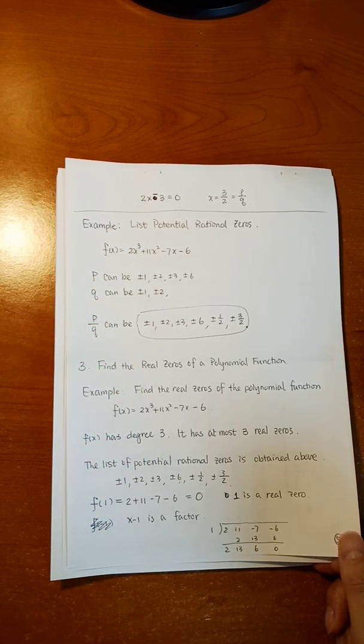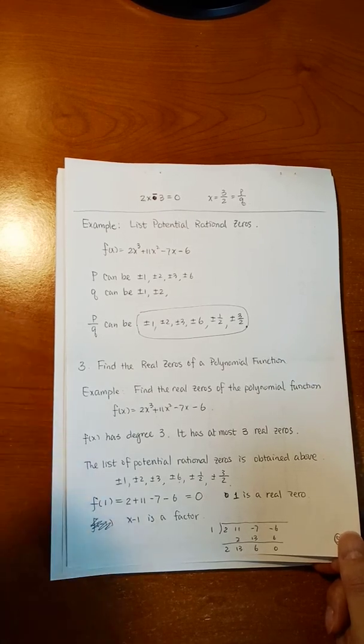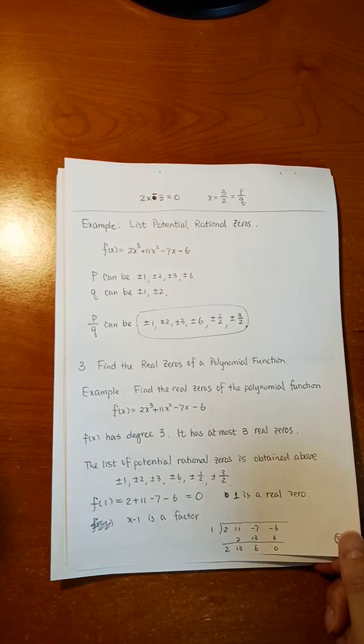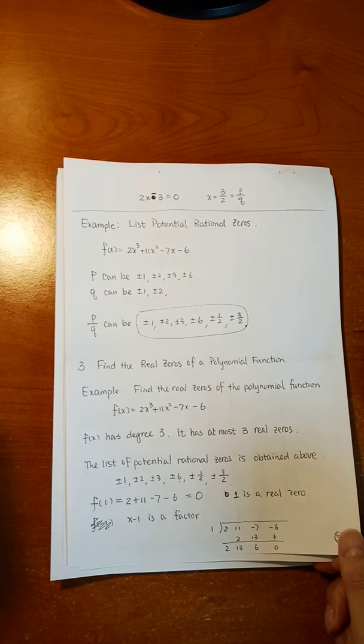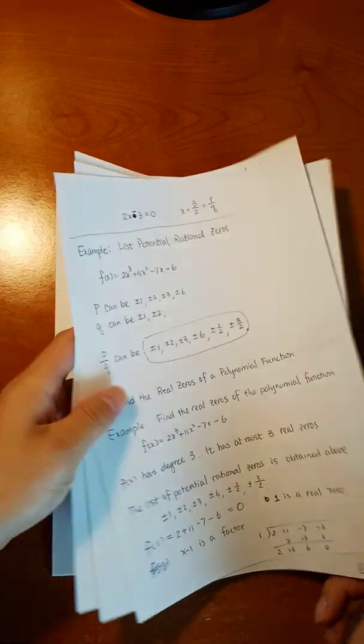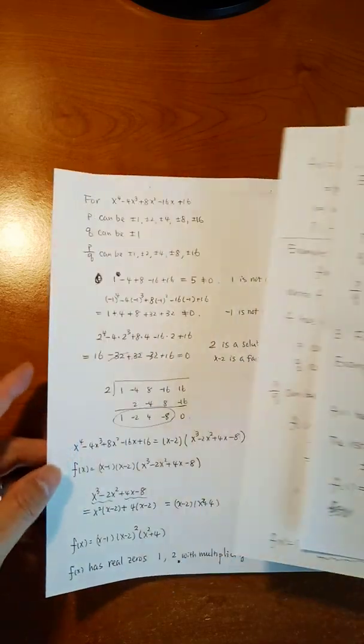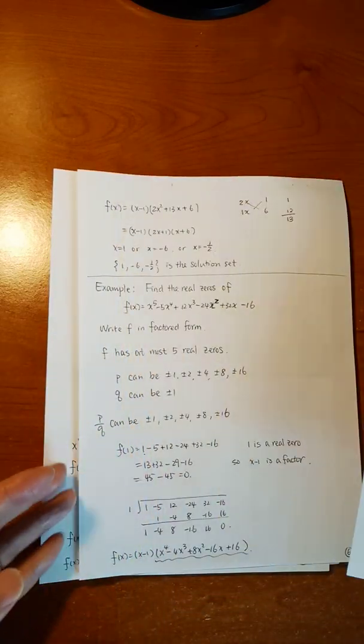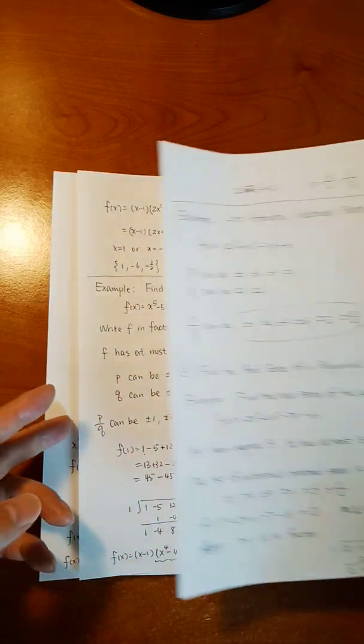If none of them satisfy the condition, it just means this polynomial has no rational zeros, but it doesn't mean the polynomial has no real zeros. For example, there are examples, very long. The first example is simple, but the second example is extremely long. You can go back and check it.